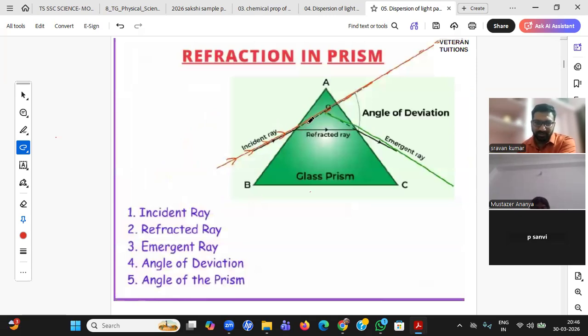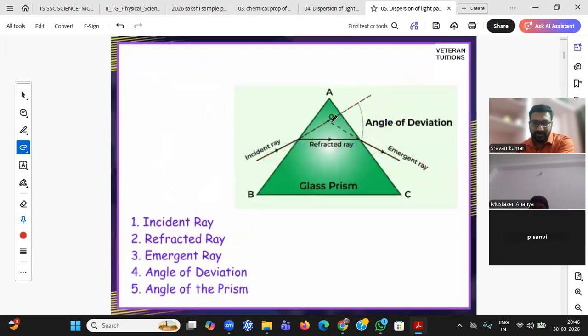Didn't I draw it? No, I think I have not explained it, student. So he's speaking about the angle of incidence and angle of refraction here. You see this angle and this angle, I guess. So this is what he's speaking.